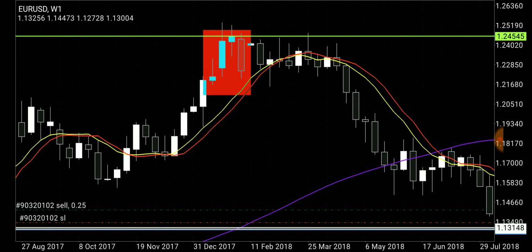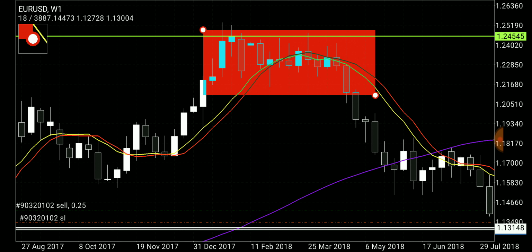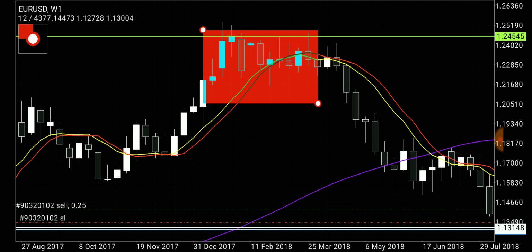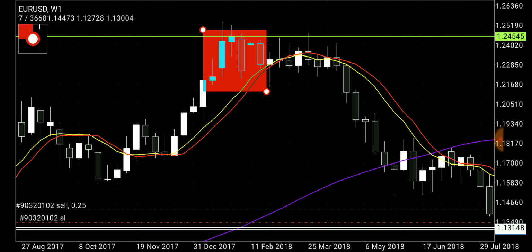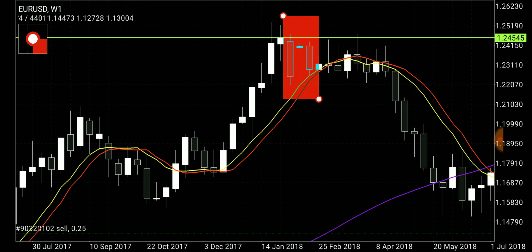In this little congestion area, we see that we spent a lot of time up there. Again, this is the weekly candle, so from December 2017 to March 2018, we was up in here. So a few patterns to notice, just so you can see that history repeats itself with these patterns.